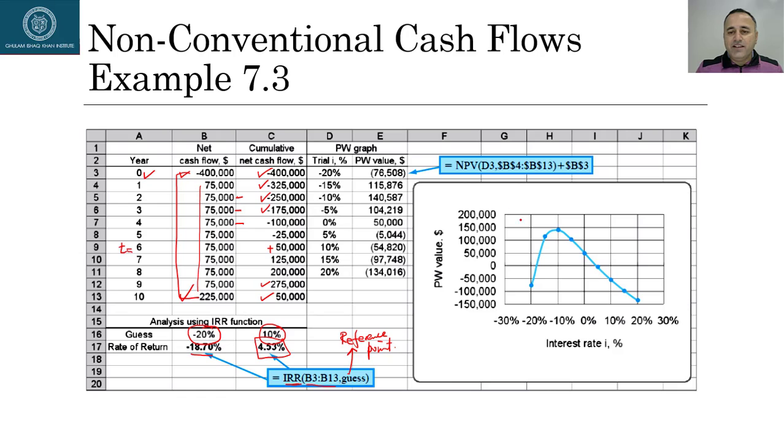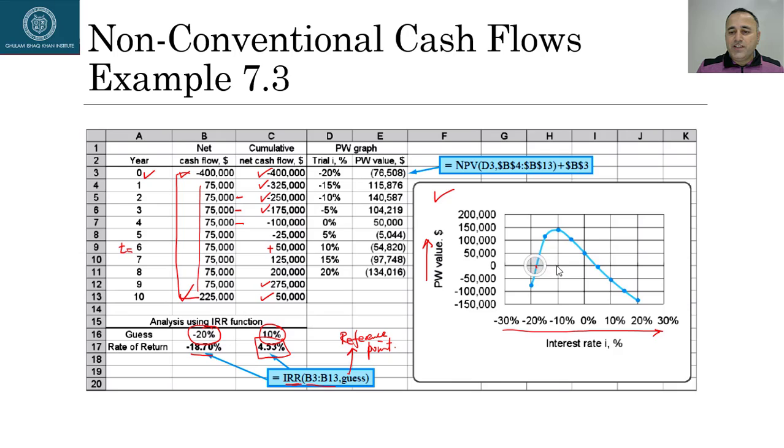Now, if you graphically see and do the same exercise that I covered in my last lecture, if you plot the present worth of this cash flow series by using different interest rates, okay, you will see a diagram like this.